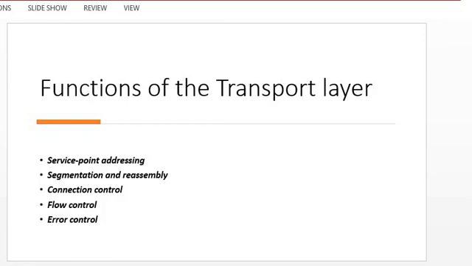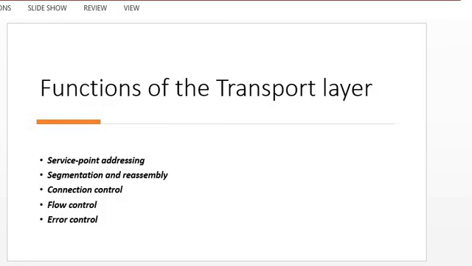So you can see, like I said, we have two forms of connection control, which are connectionless and connection-oriented. In connectionless, each segment is treated independently. We don't have to wait for a connection to be established first before we start transmitting. While in connection-oriented, a connection has to be established first before we start transmitting.